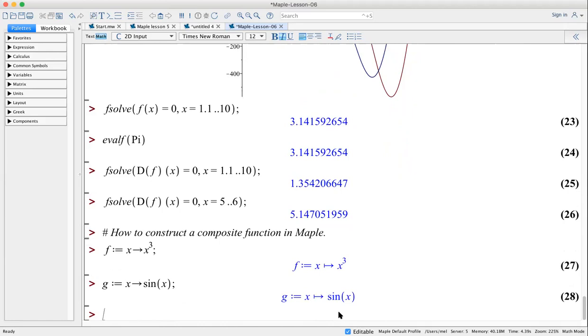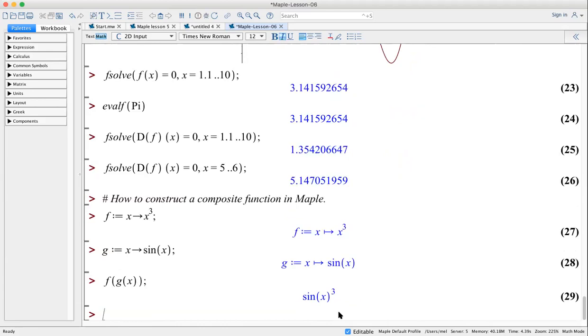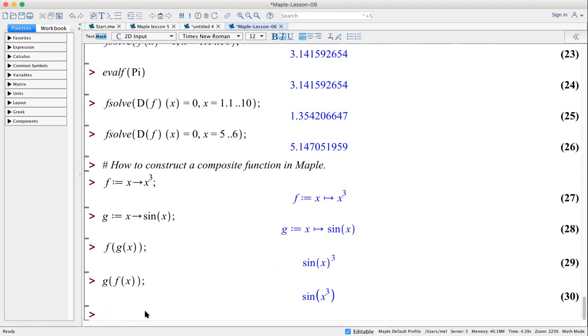So the composition function, let's say f composed with g, is f of g of x. So you put sine x in here, you get sine x cubed. If you compose functions in the other way, g of f of x, sorry, is the sine of x cubed.